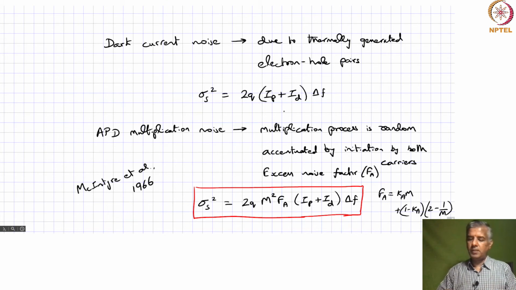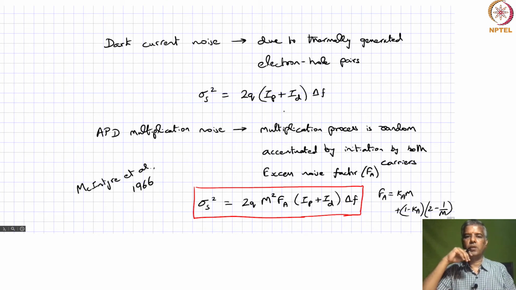Okay, so this is actually one of the key noise processes that happens in the receiver, and this is happening right at the photodiode. So in some ways you can say that whatever noise that you accumulate here is going to be propagating through the entire optical receiver, because beyond this you have the TIA and maybe other voltage amplifiers and so on. They are only going to multiply this noise.